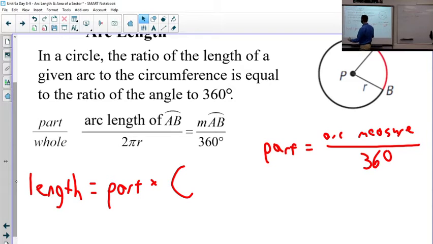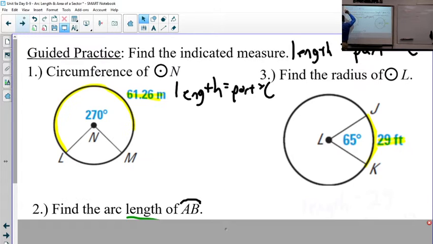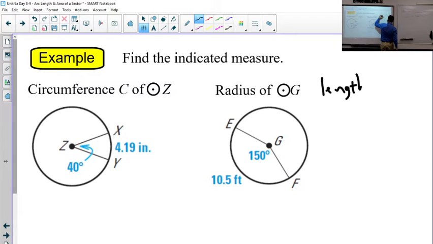So the next problem that I did with people is back here. This one over here. So we have length equals part times circumference.